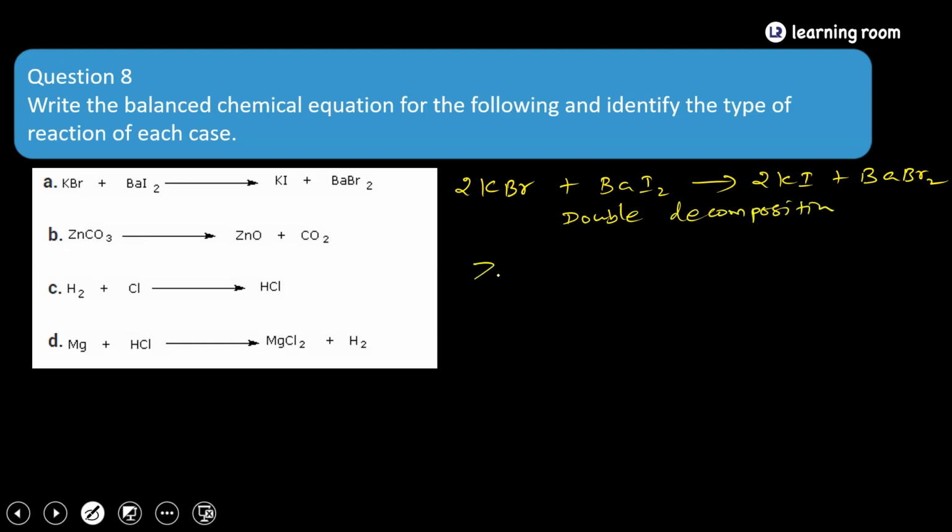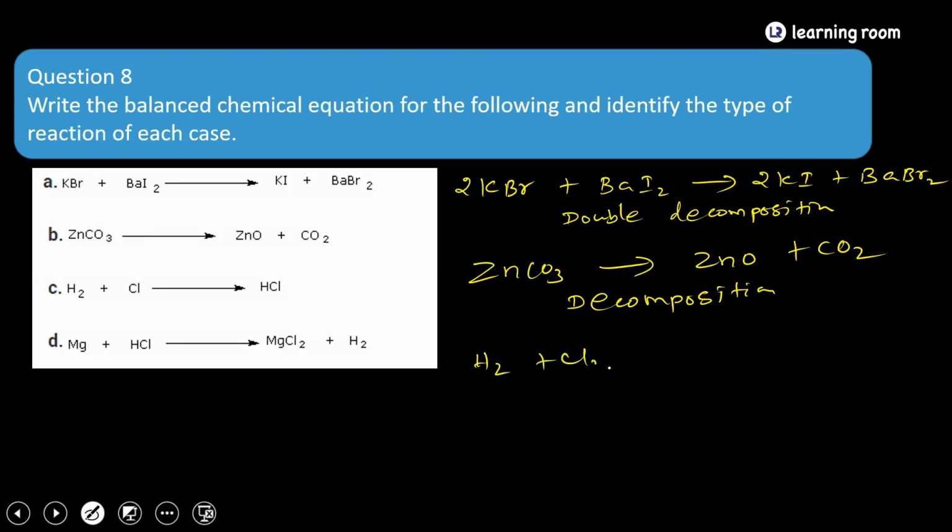Next, zinc carbonate is converted into zinc oxide plus carbon dioxide. It is a balanced equation. A single reactant splitting into two or more products is called, very good, decomposition. And then hydrogen plus chlorine gives 2 hydrogen chloride.